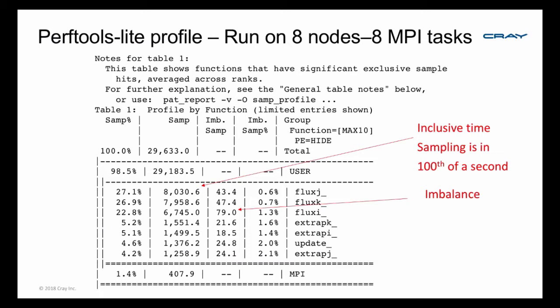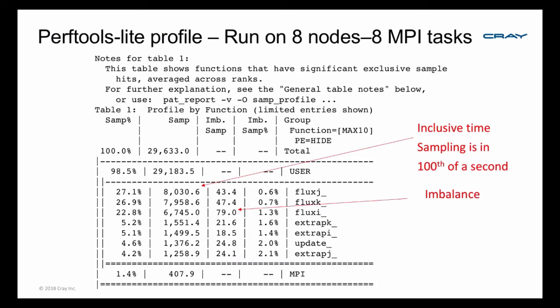One other very interesting thing is this also gives you imbalance. In other words, one thing that really hurts you a lot when you're threading is when you have imbalance between the workers. Now, this imbalance is not too bad.